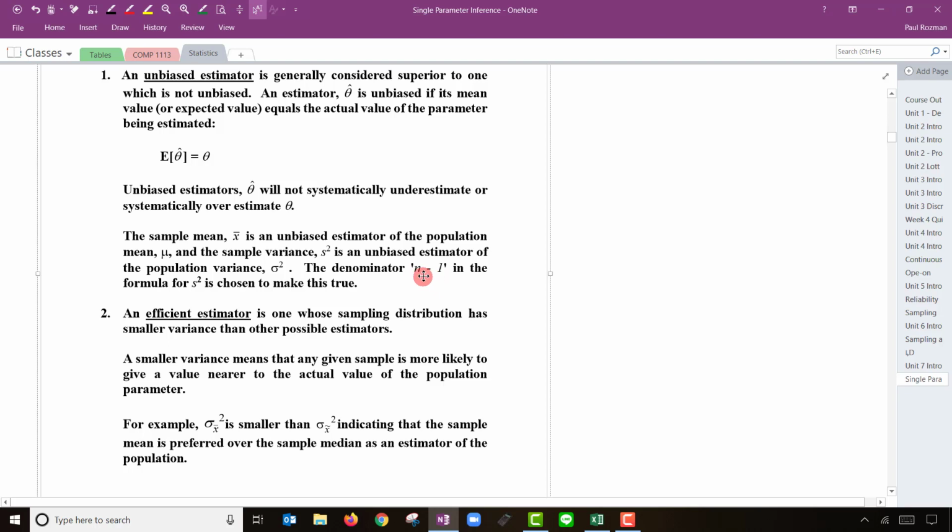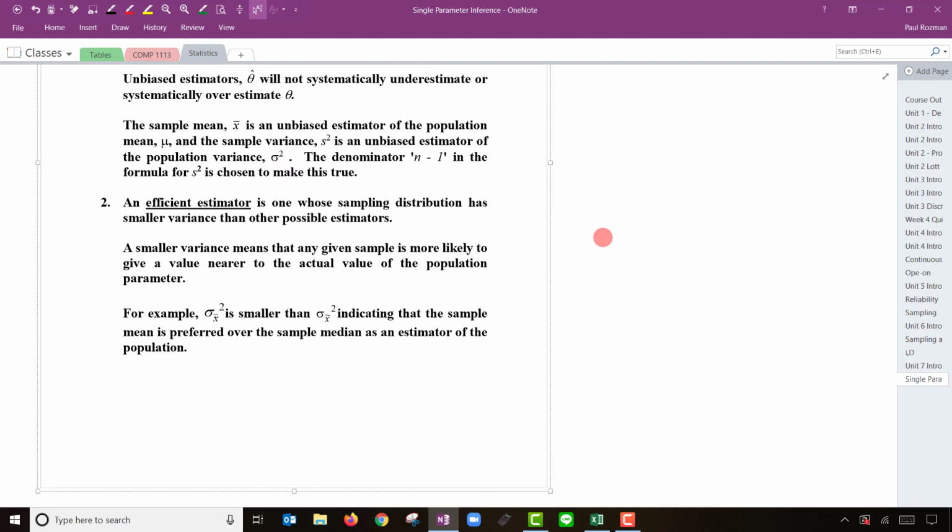That came about to force S squared to be unbiased with regard to sigma squared, but a consequence of that is then S is biased relative to sigma, but it's biased in a good way. It errs on the high side. So we at least understand what its bias is. It errs high.